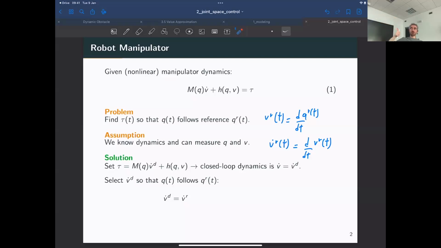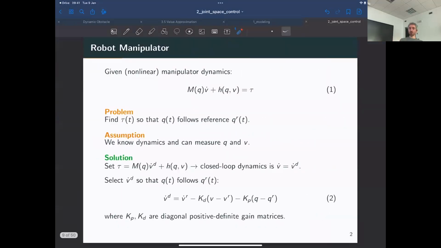You need to have initial conditions that are matching, and you also need to have zero errors everywhere. So zero errors in your state measurement, zero errors in your model knowledge, zero errors in your computation, zero errors in your actuators. So that's not very realistic.